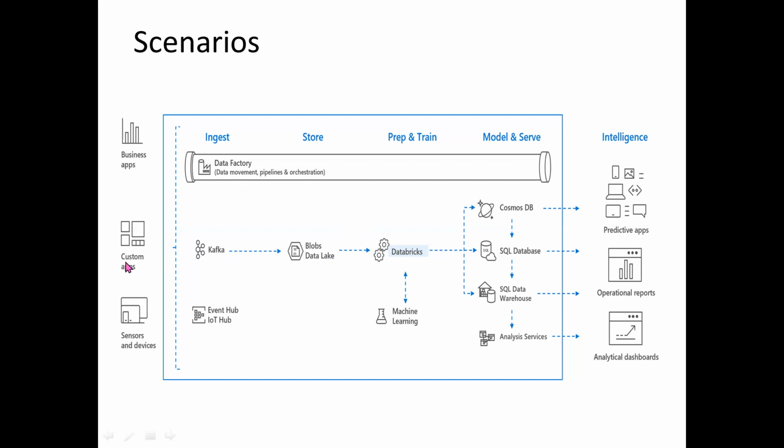Okay, so that data we will bring using connectors like Event Hub, IoT Hub, and Kafka, to Azure Blob Storage, and then we'll use Azure Databricks to process the data in such a way that we can store it in Cosmos DB, SQL database, warehouse, etc. And then eventually that can be consumed by the intelligence suite of applications like predictive modeling, deep learning models, AI/ML use cases, or operational reports like Power BI or dashboards.